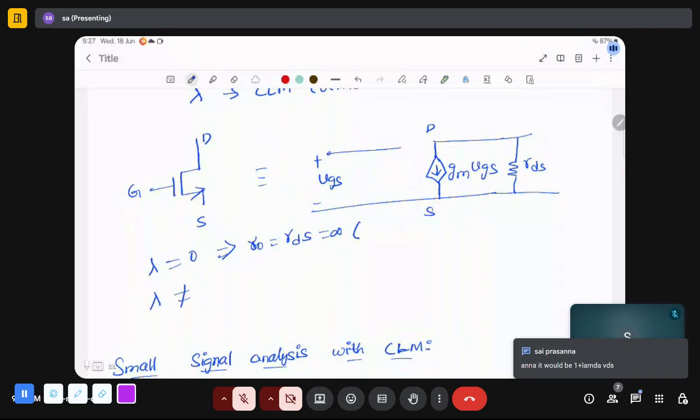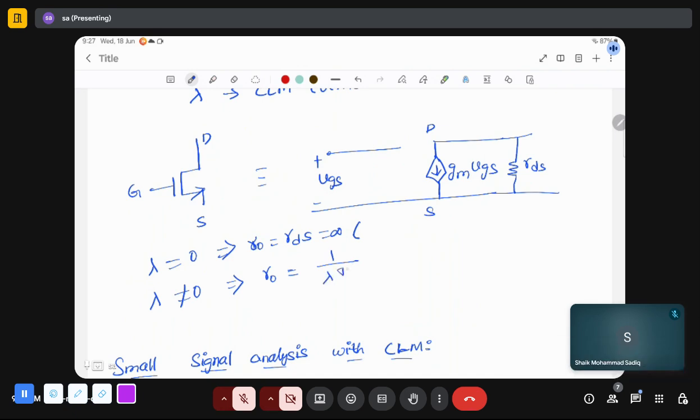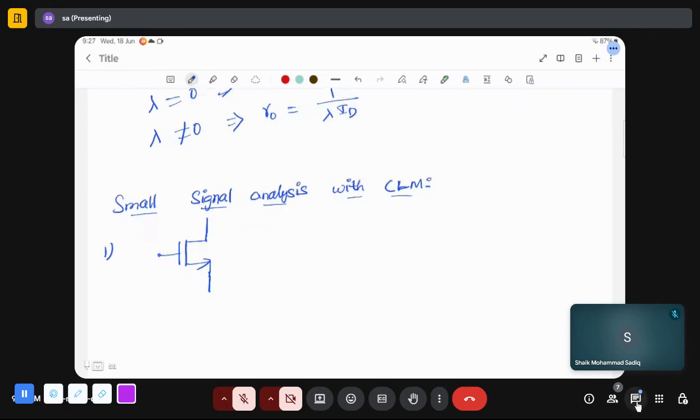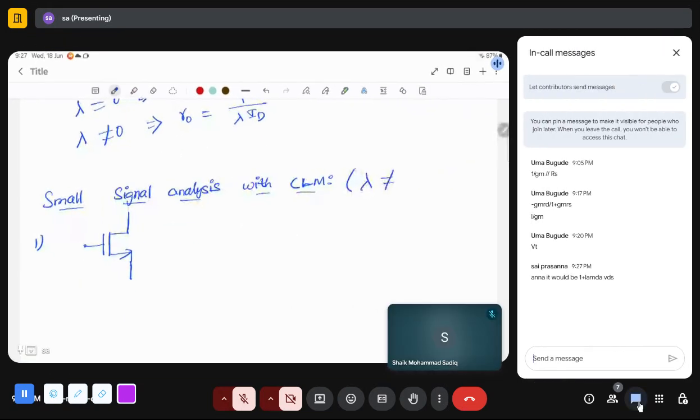When they say that lambda is not equal to 0, r naught depends upon lambda as 1 by lambda ID. So you have to calculate r naught with the given lambda value and the quiescent current ID. Is it okay? So here CLM is included, that means lambda is not equal to 0.